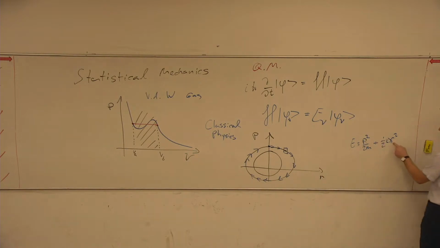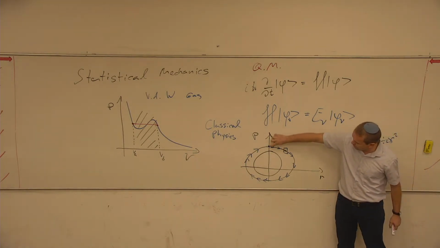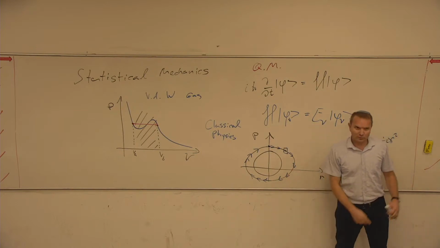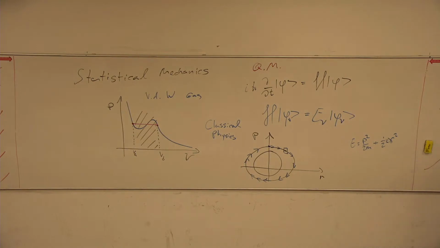Energy is a sum of p squared and r squared terms, and eventually this is a constant E. So this is an equation of an ellipse. And what's going on? The flow, as I'm crossing from one state to another as a function of time, is that I'm staying on the same contour all the time. I'm just moving along it. You've seen this in analytical mechanics several times probably.